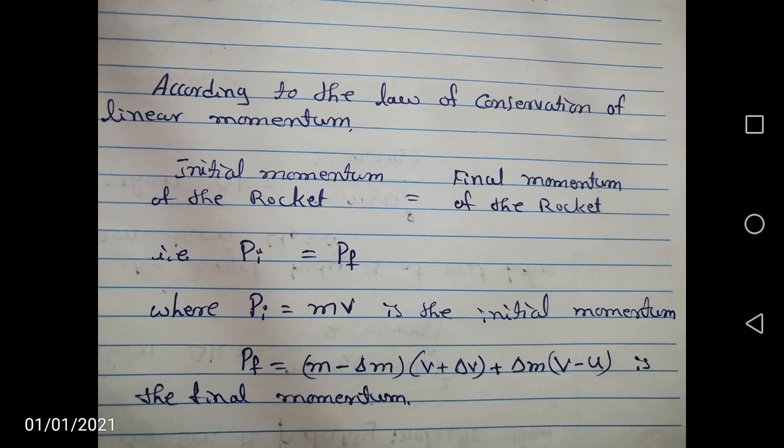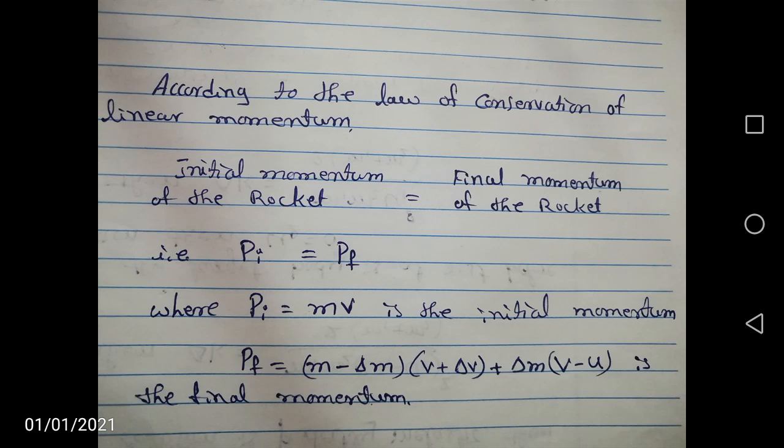Now, according to the law of conservation of linear momentum, the initial momentum of the rocket must be equal to the final momentum after the time delta t. That is, Pi must be equal to Pf. Here Pi equals the mass of the rocket times its initial velocity v, and Pf equals the total momentum of the rocket and the momentum of the ejected gases.